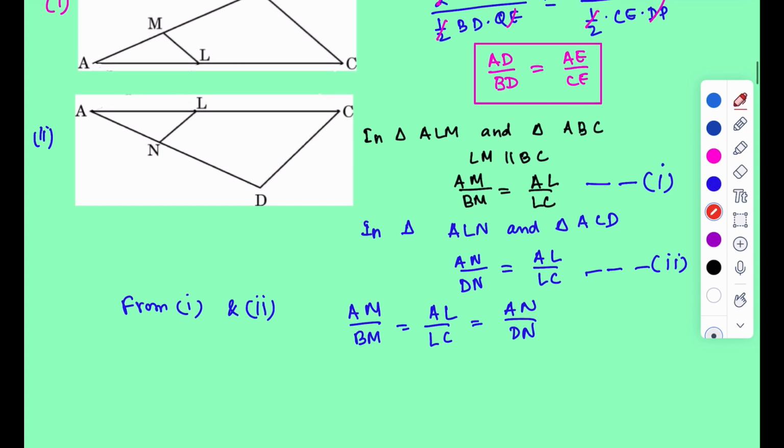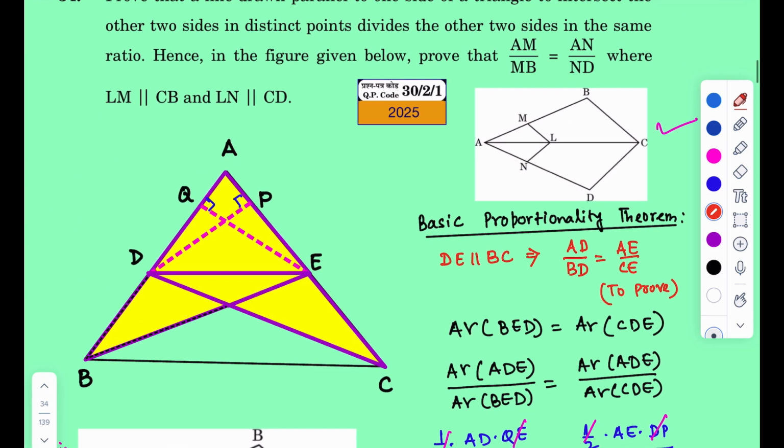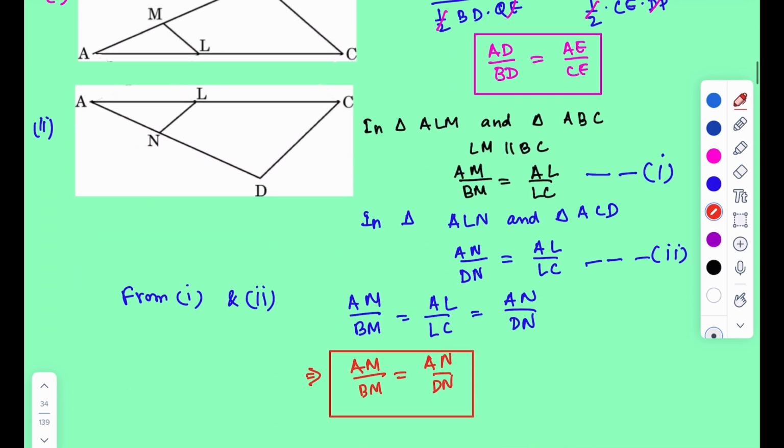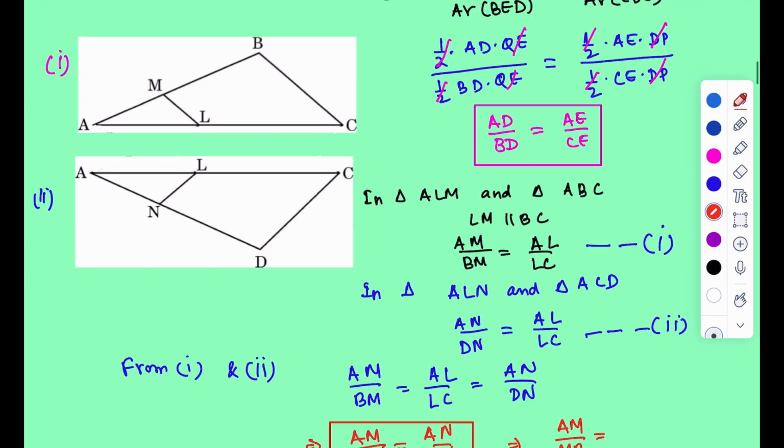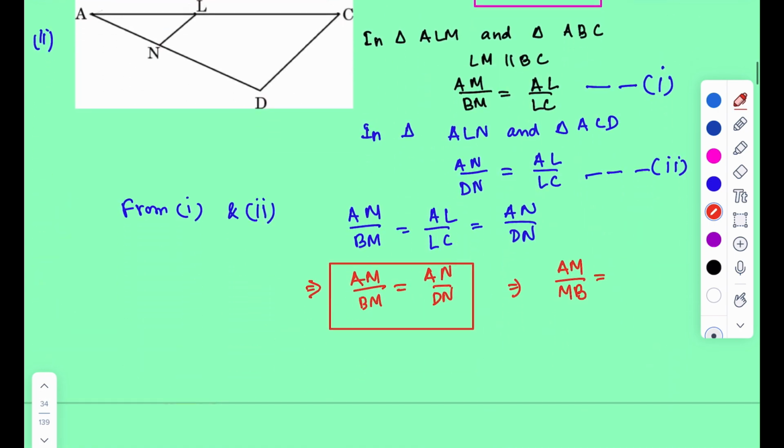Or we can write this as AM by BM is equal to AN by DN. We can write BM as MB also, so AM by MB is equal to AN by ND. This is what we had to prove.